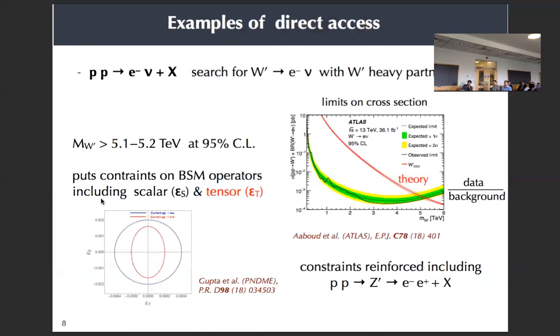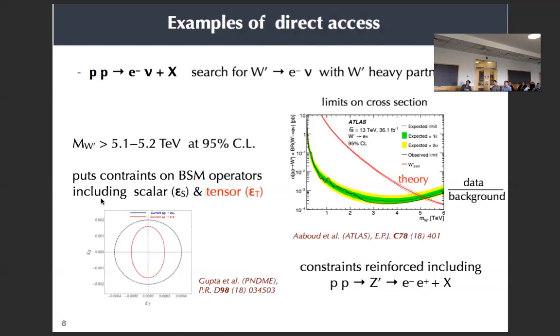For example, this is the electron-neutrino final state, and they looked at whether it is possible to consider these final particles as the decay products of a new heavy partner of the W, a so-called W prime gauge boson. And here you see the exercise: you see the observation with respect to the expected background from experiment, and it crosses the line of the theoretical calculation exactly at this point, which puts a lower limit on the mass of this W prime, slightly above 5 TeV at a 95% confidence level.